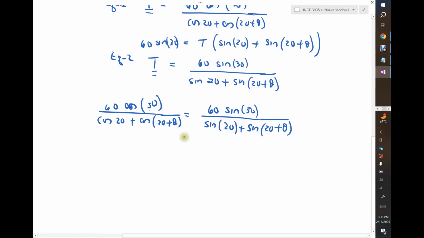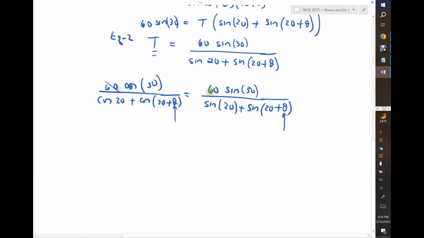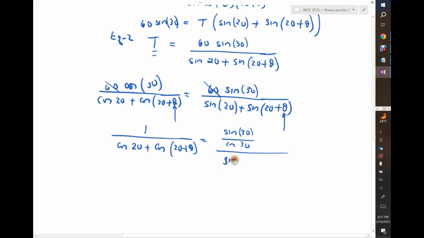To work for theta now, this is going to be ugly because theta is in that part there. So cancel the 60, and we end up with something like 1 over cosine of 20 plus cosine of 20 plus theta equal to sine of 30 over cosine of 30 divided by sine of 20 plus sine of 20 plus theta.